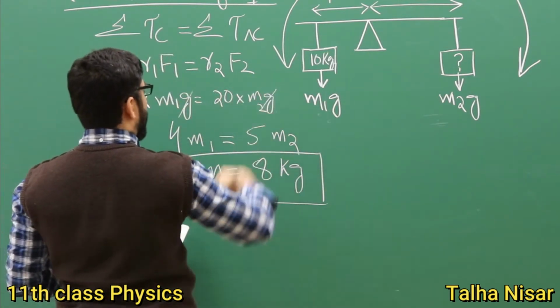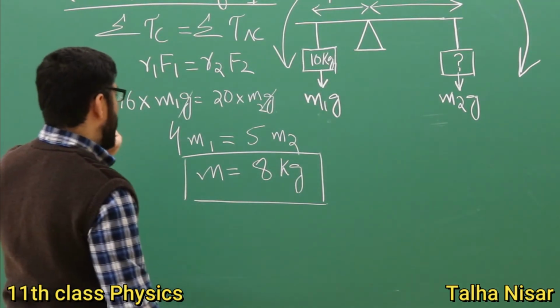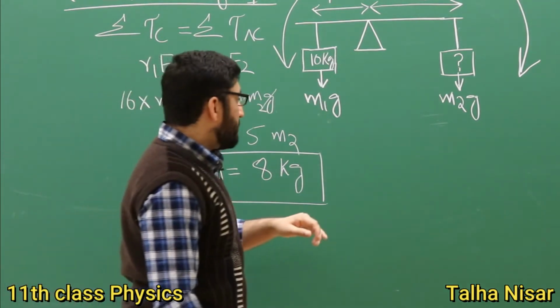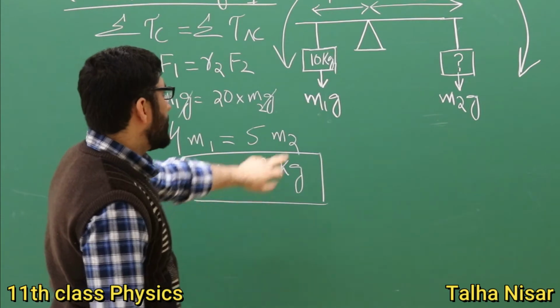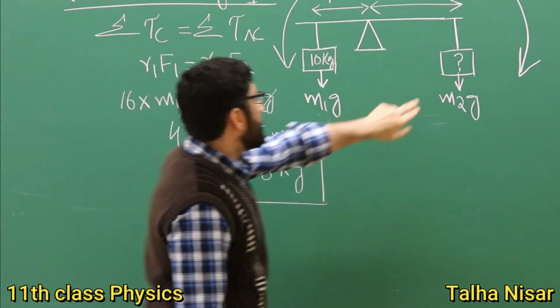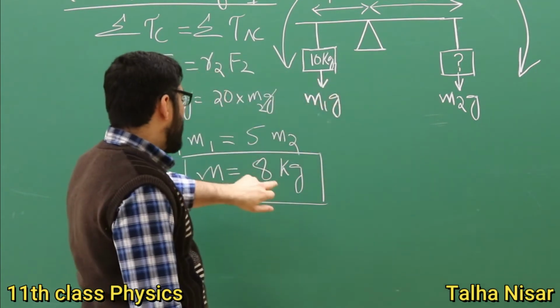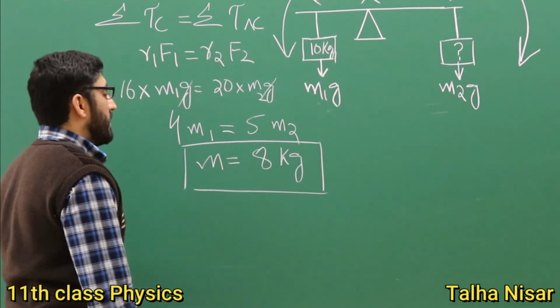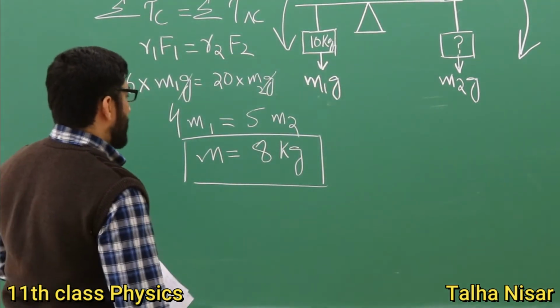We can see here that they are cancelling each other. Since this distance is larger, in order to balance the system, this mass should be smaller than this one, and we can see here it's 8 kgs.